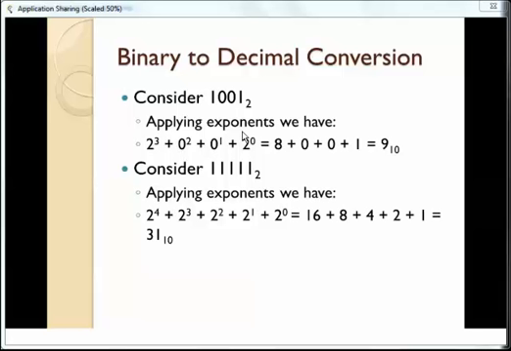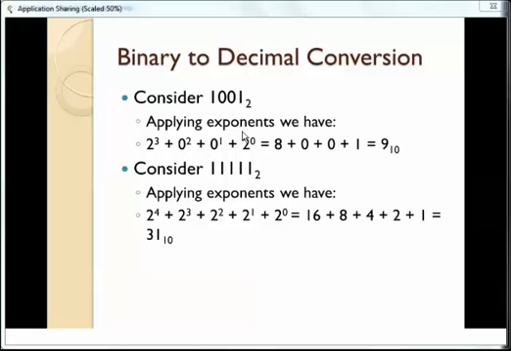So going through each of these separate calculations, 2 to the third power is 8, plus 0 to the second power is 0, plus 0 to the first power is 0, and by definition, 2 to the 0 power is 1. So adding all these up, we have the decimal value of 9, and again, we're using the subscript 10 to denote a decimal number.